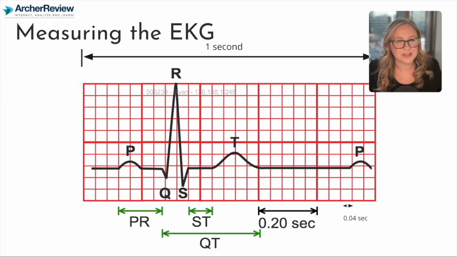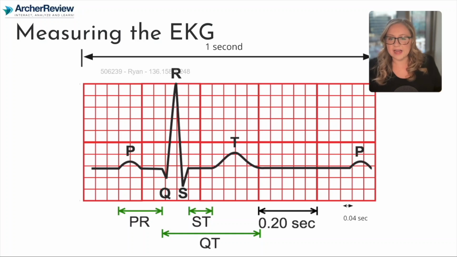Let's look back at that strip again. When you're looking at the PR interval, what we're talking about is the time from the beginning of the P wave all the way to that big spike, that top of the QRS complex. It's the interval between the start of the P and the R. We want it to be 0.12 to 0.2 seconds. So the only way for me to measure that is to count the little boxes that show up.